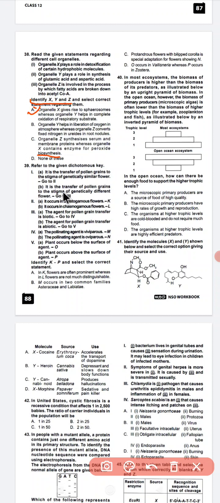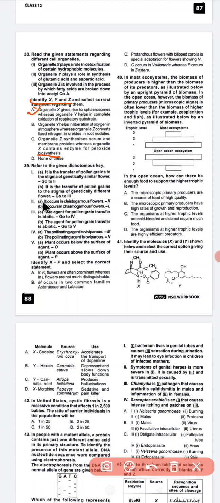After that, we move to question number 39. Refer to the given dichotomous key. That is 1A. The first key is it is the transfer of pollen grains to the stigma of a genetically similar flower. Go to 2. B. It is the transfer of pollen grains to the stigma of a genetically different flower. Go to 3. Okay, this is the first one.